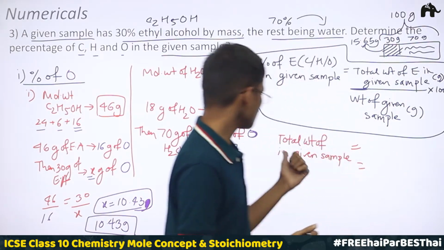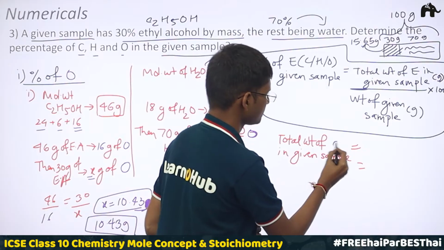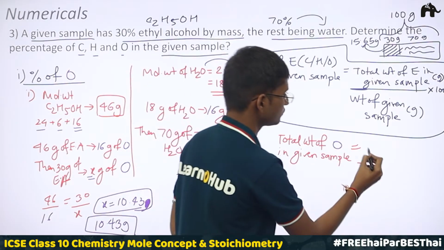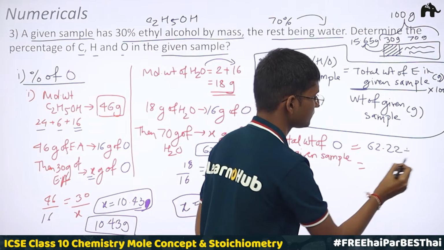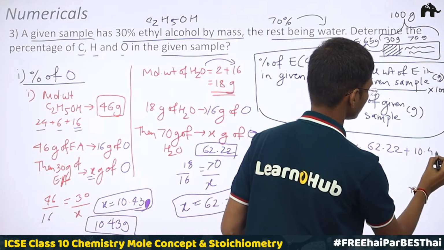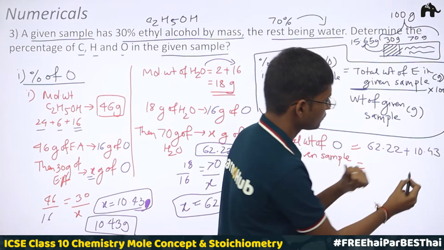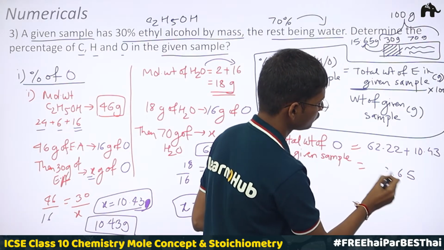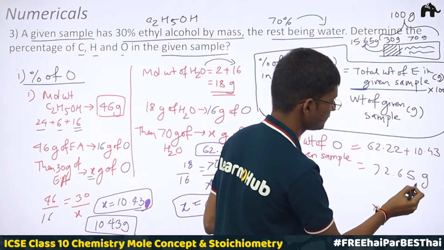Clear? So the total weight of the oxygen in the given sample would be 62.22 plus 10.43, so it would be 72.65 grams.